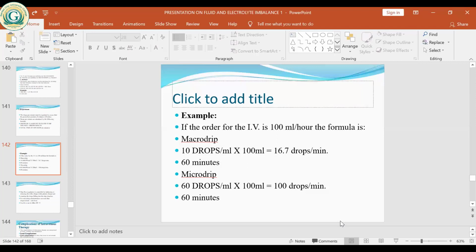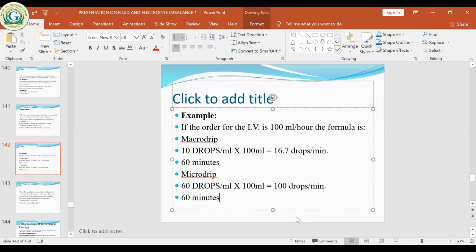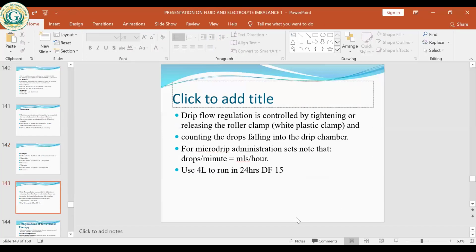So 10 times 100 over 60 gives you 16.7. Okay, that's the micro drip set, which we said we are not so much concerned about. Drip flow regulation is controlled by tightening or releasing the roller clamp and counting the drops falling into the drip chamber.